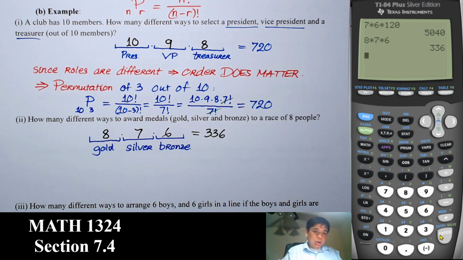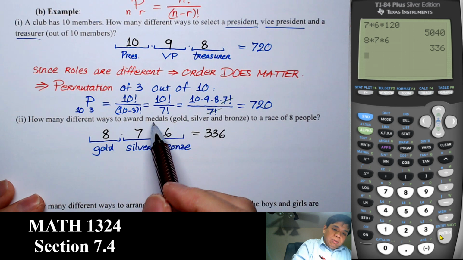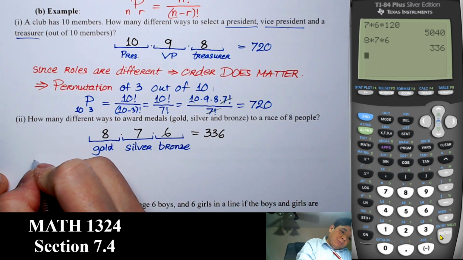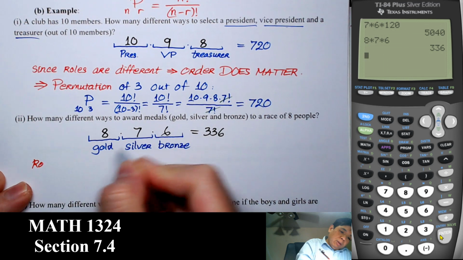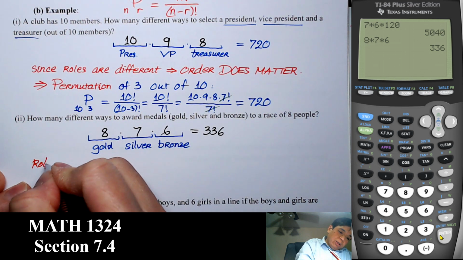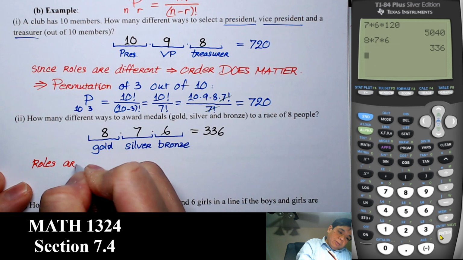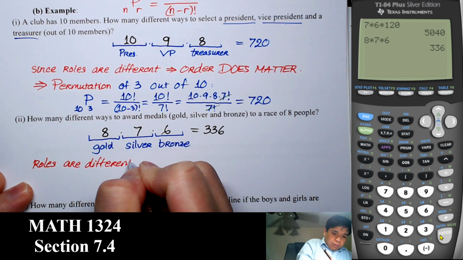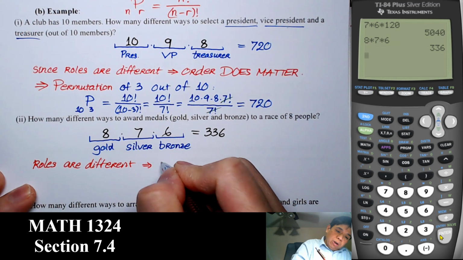Right. Now if we use, once again, roles are different, order matters, permutation. Because each one of these has different roles. Order matters.